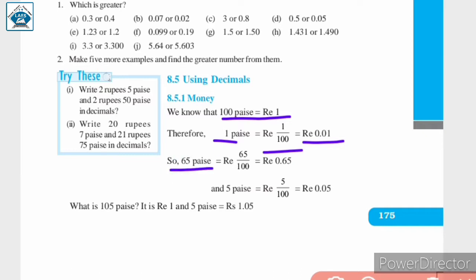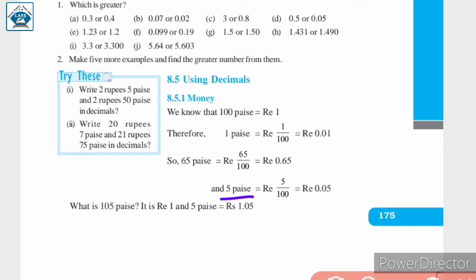65 paise will be equal to 65 upon 100 rupees. 65 upon 100 in the form of decimal will be 0.65. So 65 upon 100 is equal to 0.65 rupees. So we began with 65 paise, then that is 0.65 rupees.